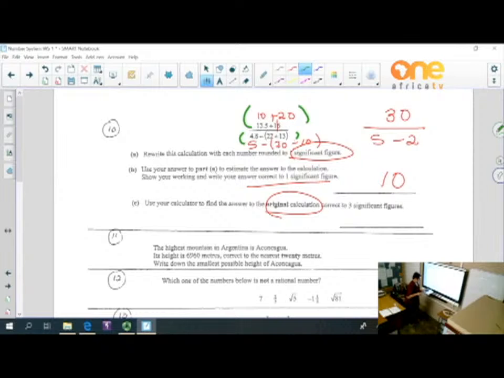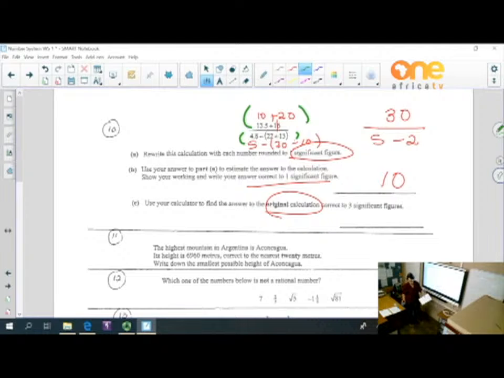So on your calculator, brackets, 13.5 plus 16, close the bracket, is equal to divide by another bracket here, 4.8 minus, and now we have to use those brackets also there, 22 divide by 13, close the bracket, is equal to.